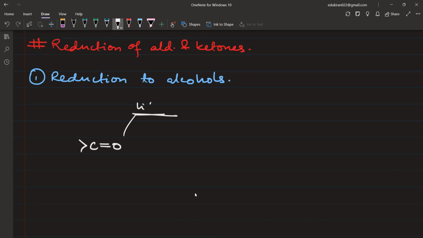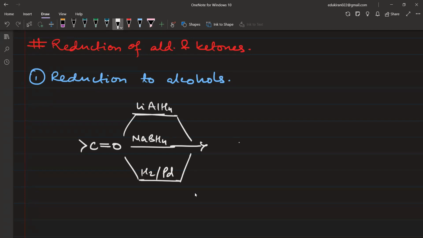One is LiAlH4, the other is NaBH4, and the other is H2 in the presence of Pd, Pt or nickel. All of these are going to give you whatever groups are attached, they will be attached as it is. The double bond will convert to single bond. Carbon will get 1 hydrogen, oxygen will get 1 hydrogen.